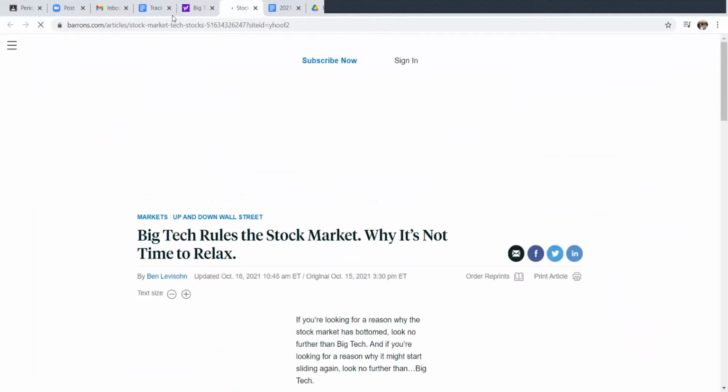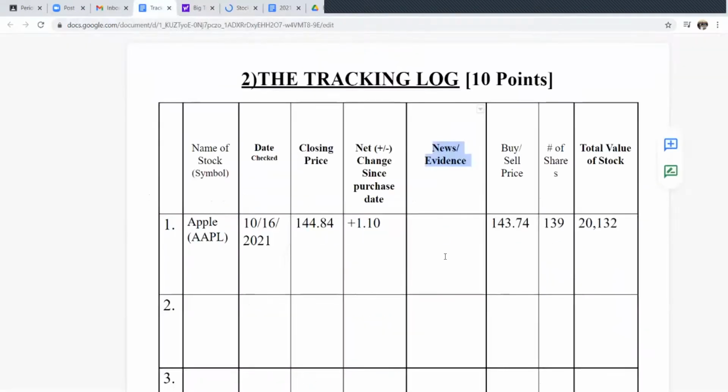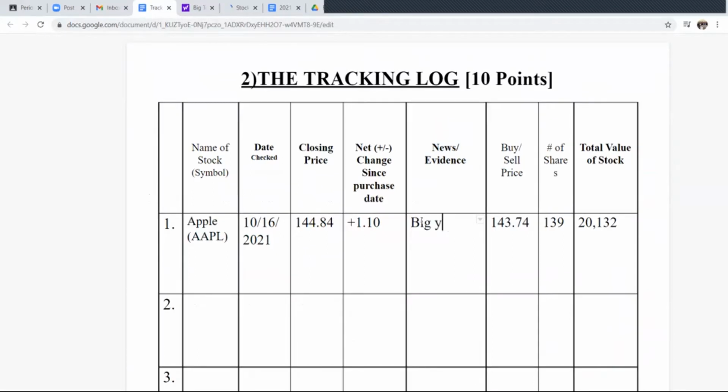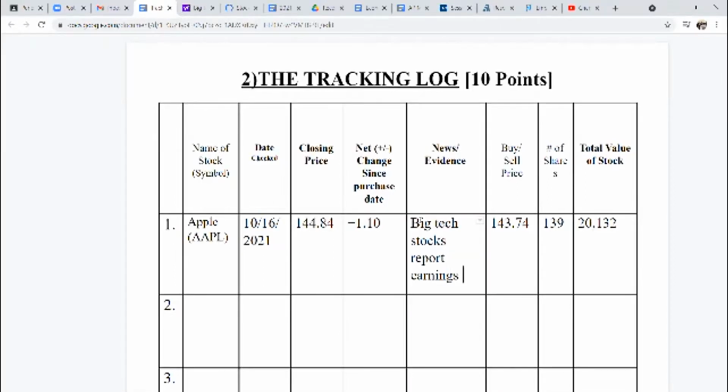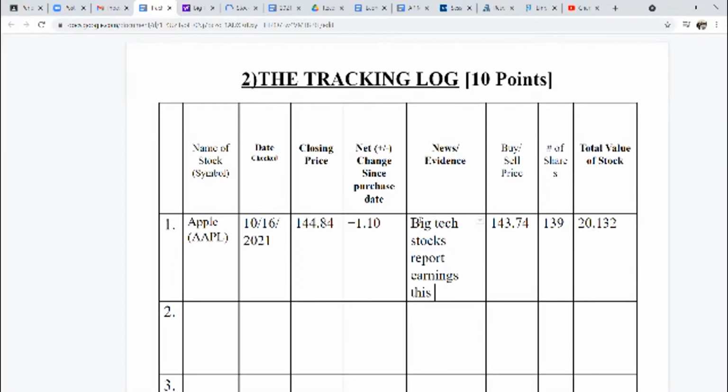And most students will shrink the size of the font and put their headline or story here, where we know that big tech stocks are reporting earnings this week. And Apple is not just any tech stock. It is the premier bellwether tech stock and the biggest company in the world. So certainly that's going to be big news.